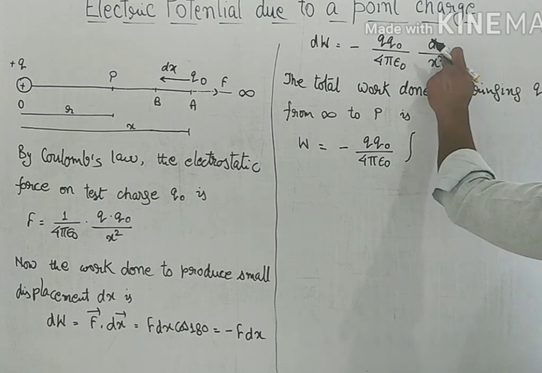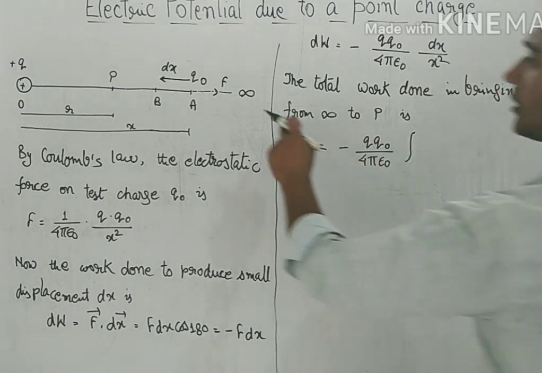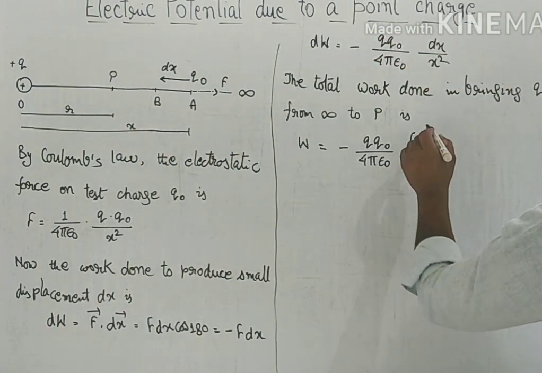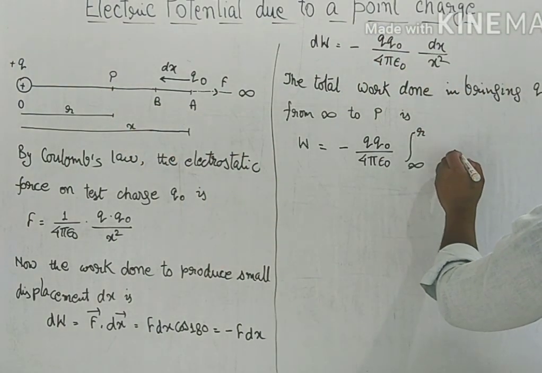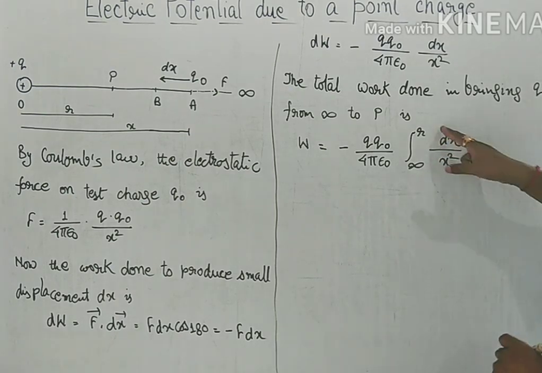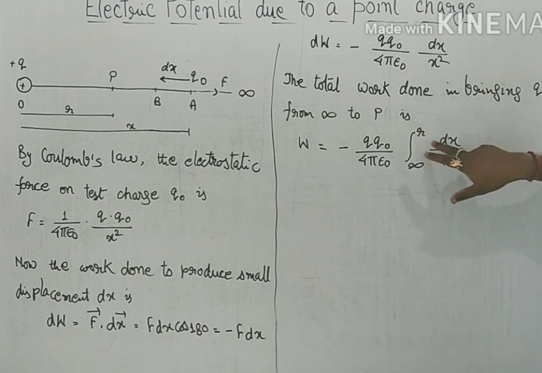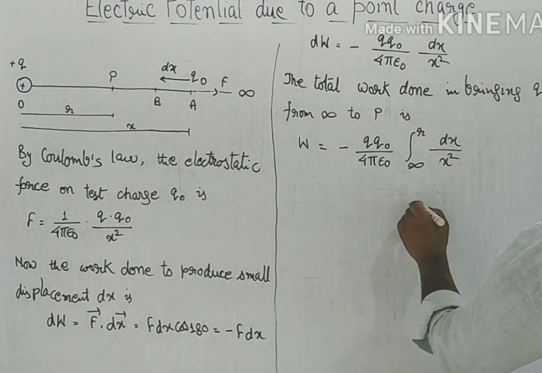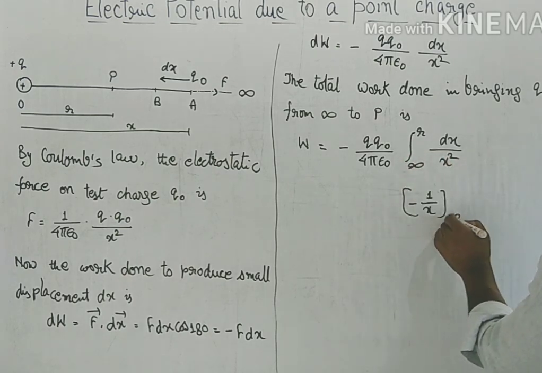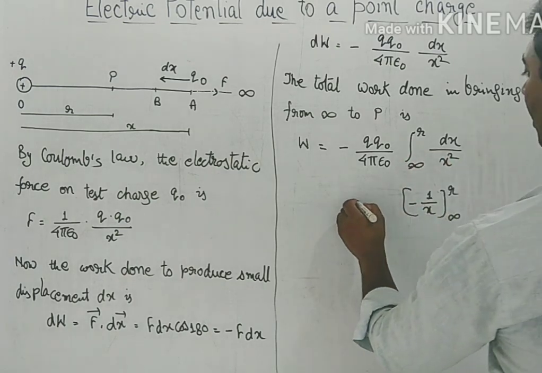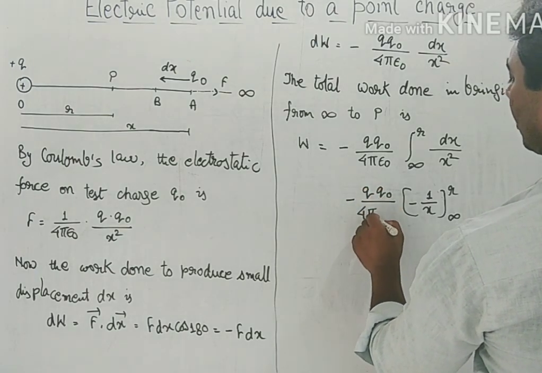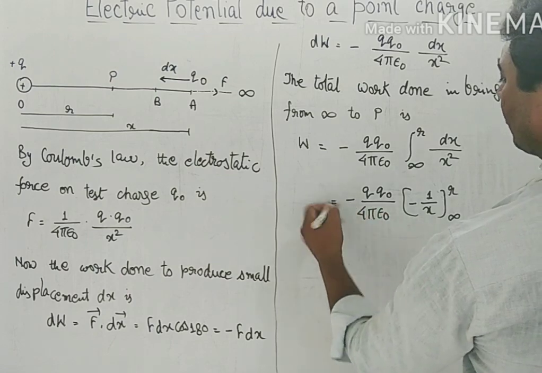Now the limit for this variable x is from infinity to finally r. So here I am writing infinity to r, and this is dx upon x square. When you integrate it, you'll have minus 1 by x, and the limits would be from infinity to r. And this is already minus Q0 upon 4 pi epsilon naught. This is the amount of work done.